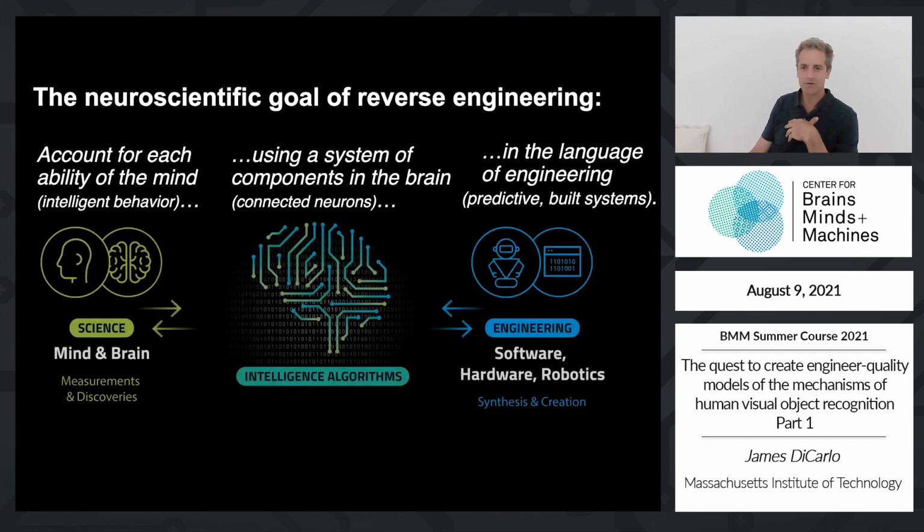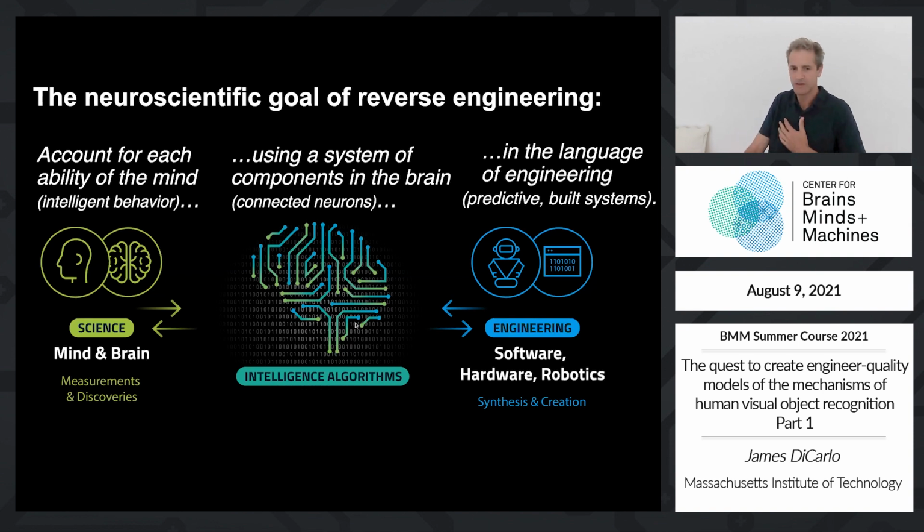So often the way I think about this is brain and cognitive scientists want to account for these things. That's what astonishes us. That's on the left here. Engineers are used to trying to build such systems. And what's exciting right now is that these fields are coming together, science and engineering, around building collections of connected neurons or neuron approximations that then are hypotheses of how aspects of intelligence may work.